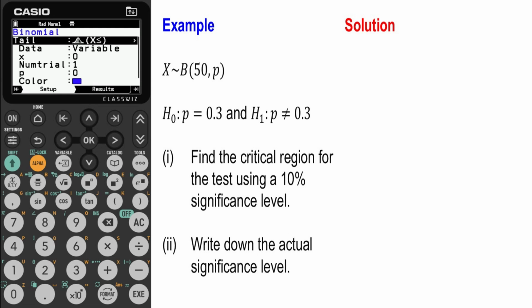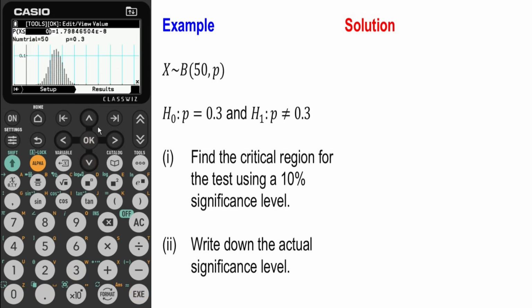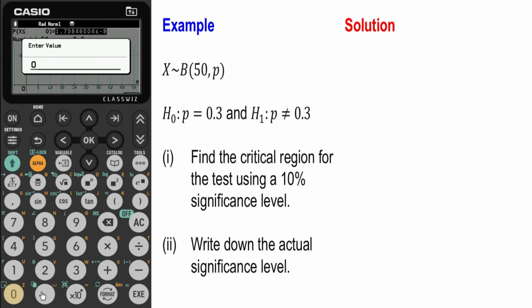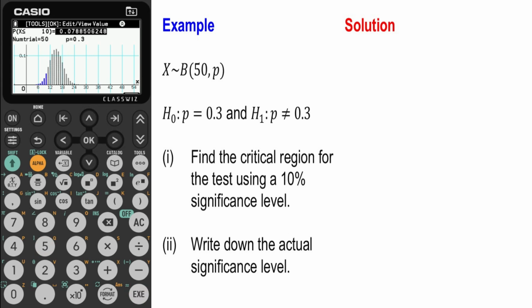So let's deal with the lower tail. For the lower tail, we have X is less than or equal to. We will leave x as 0, the number of trials is 50, and p is 0.3. Let us change this to 5%. Our calculator gives us values where we accept H0.